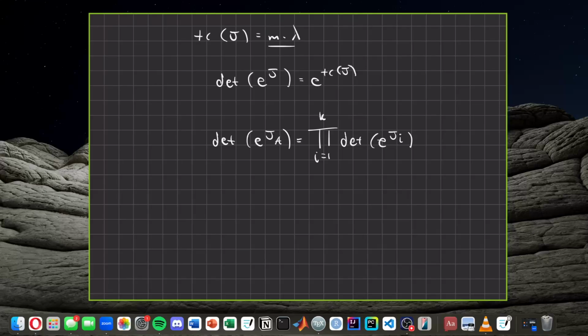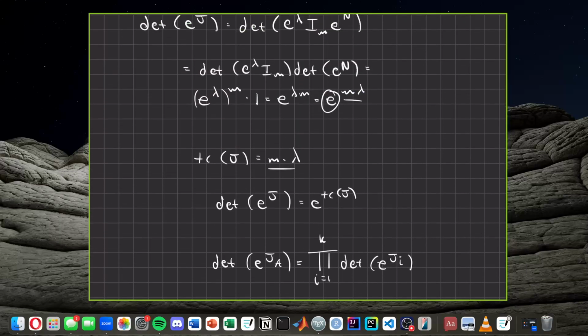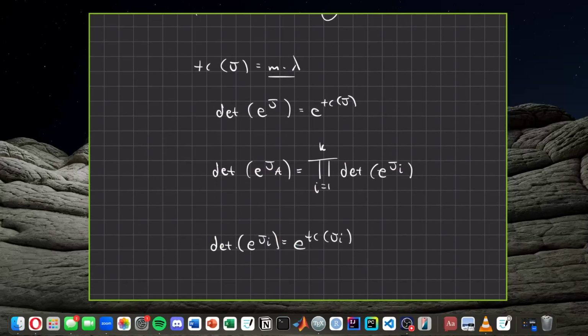Now, using the result that we showed earlier for each Jordan block, we know that the determinant of e to the J sub i must be equal to e to the trace of J sub i, based on what we showed up here.